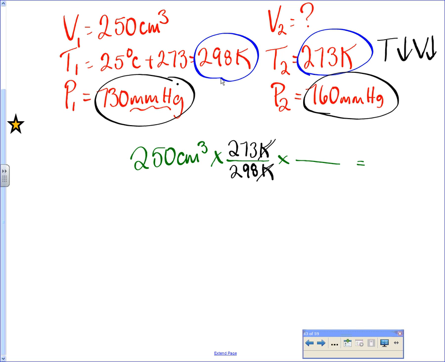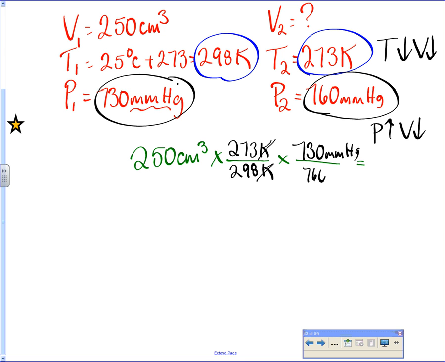What did my pressure do? From 730 to 760, pressure went up. But what do we know about the relationship between pressure and volume? Volume will go down when something is squeezed. So again, the result should be a lower volume. Based on pressure, to make my answer lower, I need to put the smaller number on top.